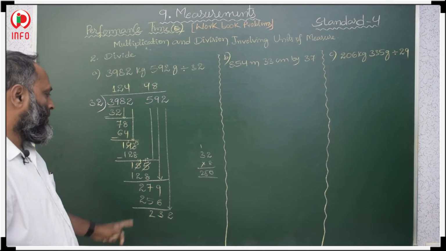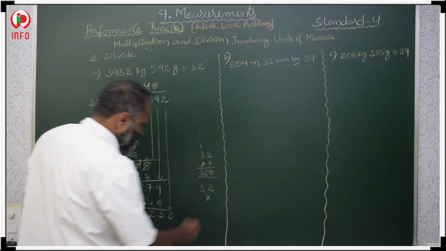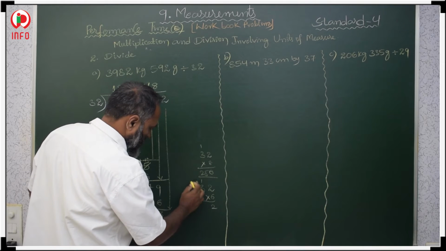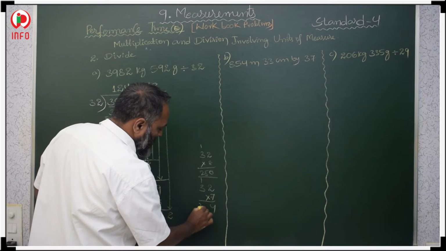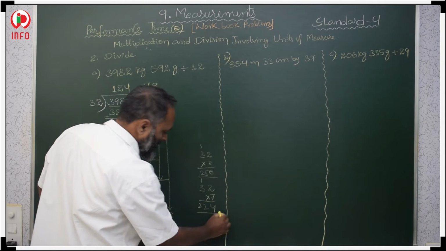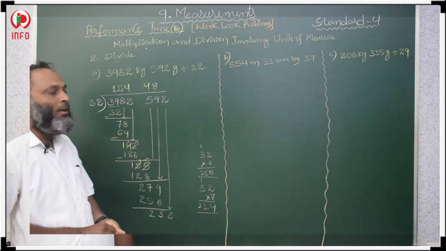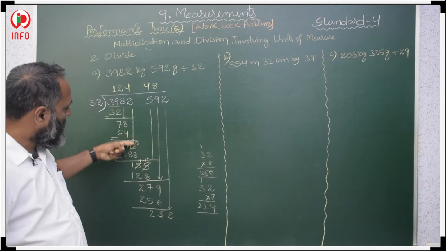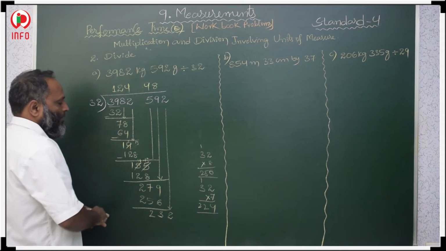Then 32 into 6. 6 2s are 12, 6 3s are 18 and 19, 7. 7 2s are 14, 21, 22. Now see here students, here we copied 2, so here we should get 2, not 3.